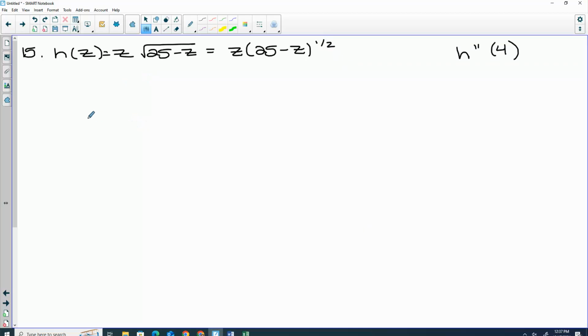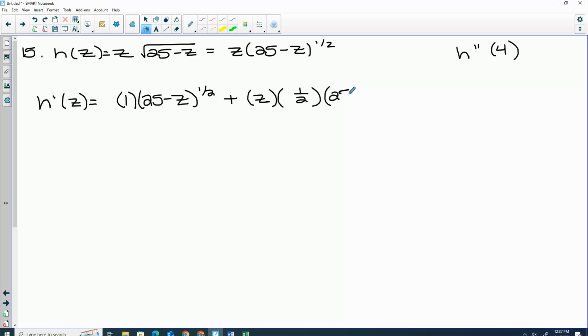Okay, so this is the same thing as z times 25 minus z to the 1/2. So to do our first derivative, we're doing product rule. So derivative of the first is 1 times the second, plus the first times derivative of the second. So the 1/2 comes down, inside stays the same.